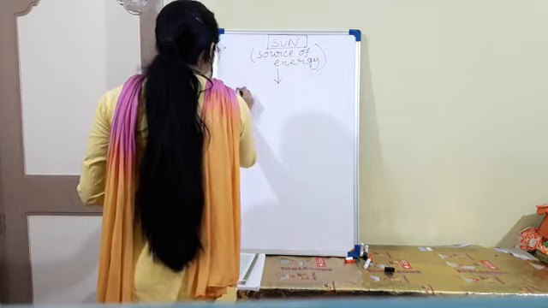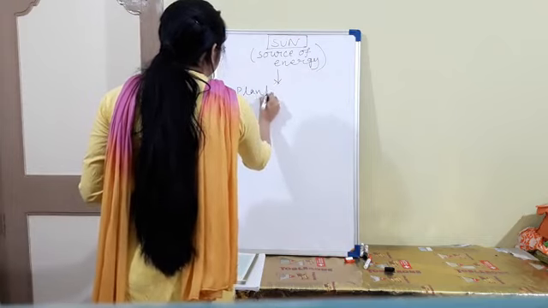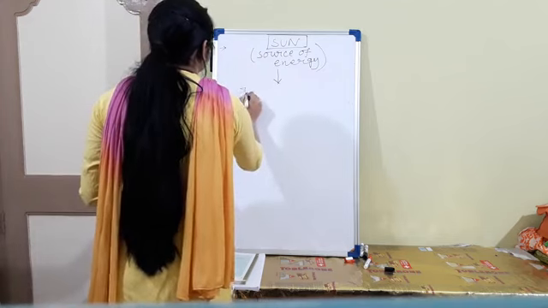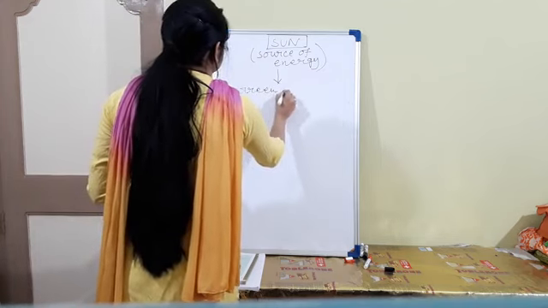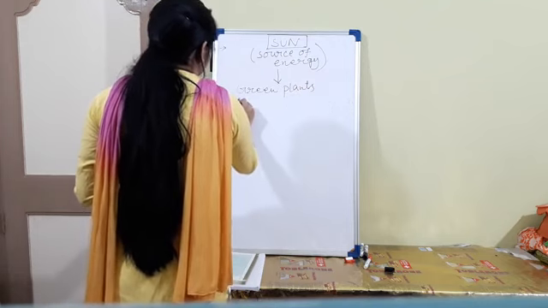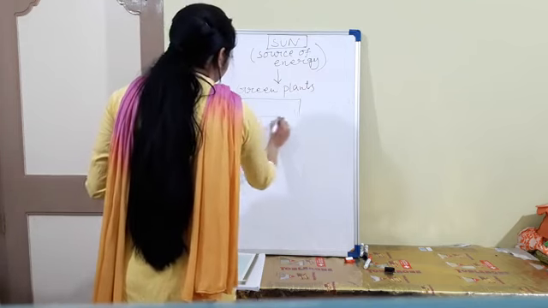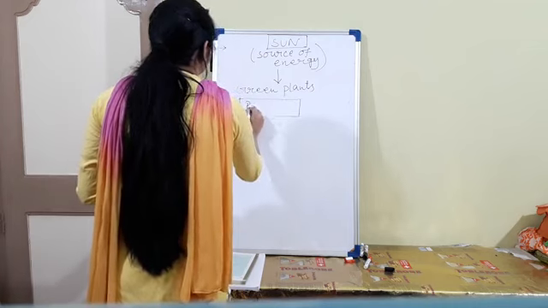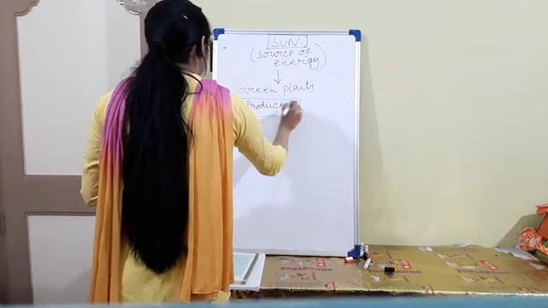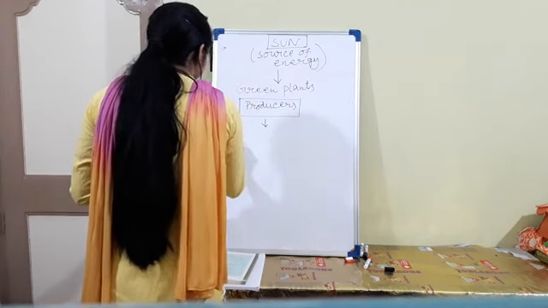Next, plants. You can write down the green plants. Green plants are obviously producers. They produce their own food. Producers. Next, herbivores.